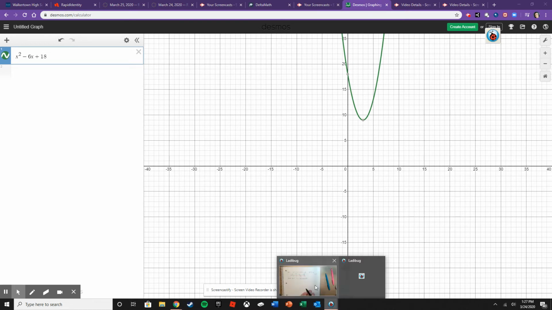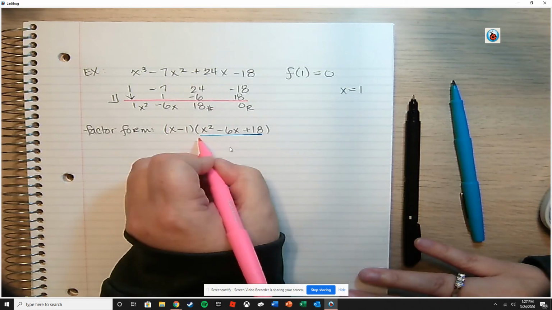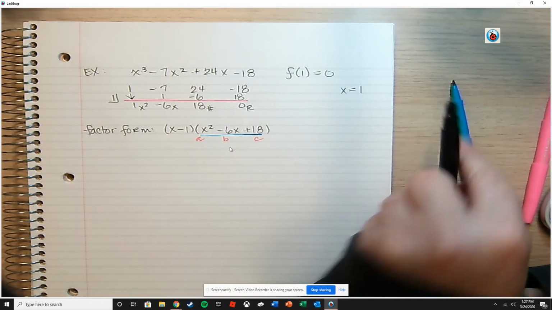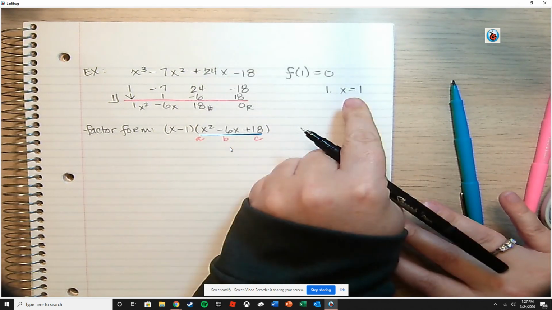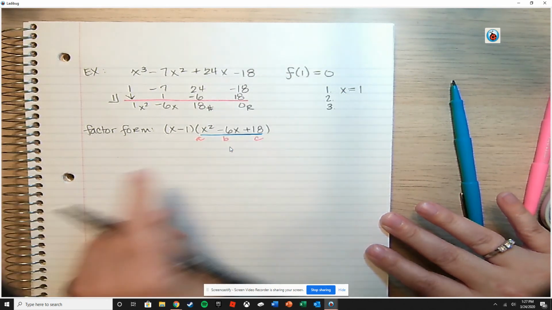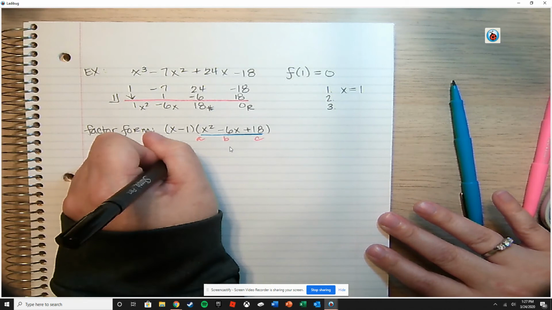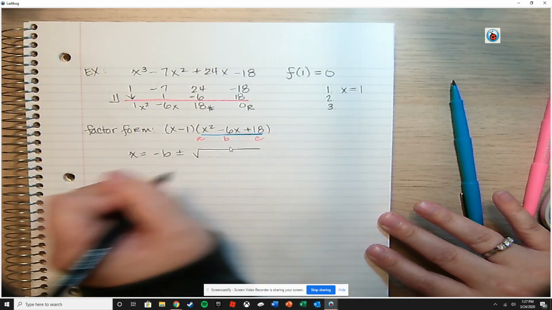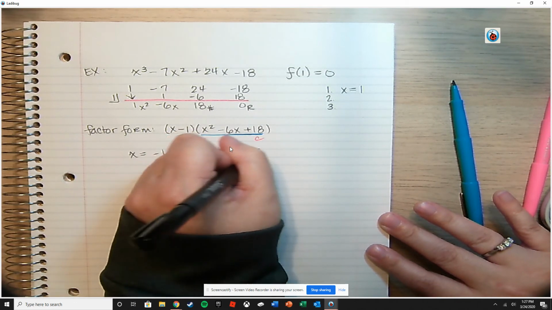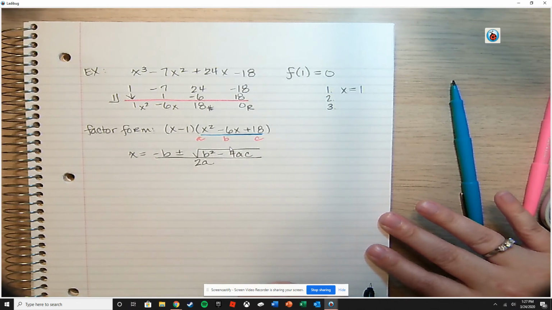So let me go back over here. Okay, so this is my A, this is my B, this is my C. Okay, so I have one of my answers is x equals 1, and now I'm looking for the other two. All right, so x equals the opposite of b plus or minus the square root of b squared minus 4ac all over 2a.